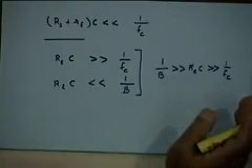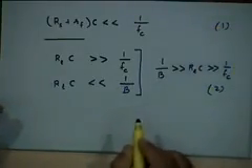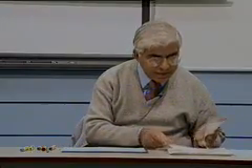So if these two conditions are satisfied, by and large you will have a system which works nicely, right? So these are the two conditions that we need to satisfy. Any questions?